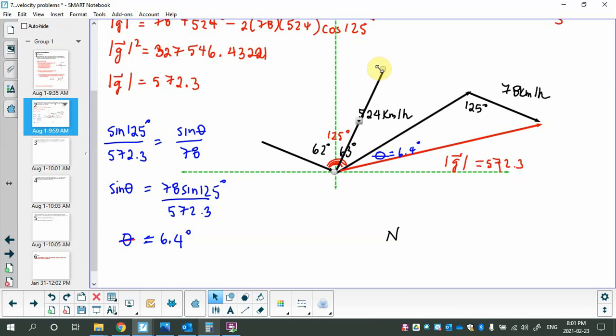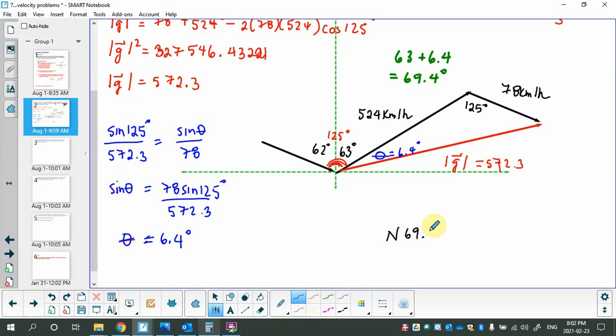Hopefully you can see that this is 63 degrees to here, and then an extra 6.4. So with respect to the compass, not the triangle, the corner that you care about is 63 plus 6.4, which is 69.4 degrees. So when I write my therefore statement, it'll be north 69.4 degrees, and we're heading off into the east direction.